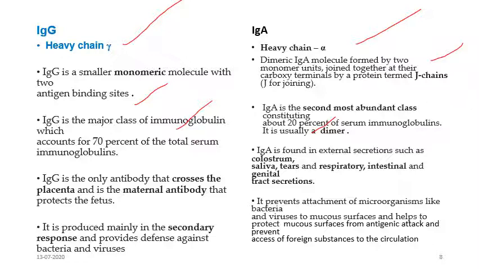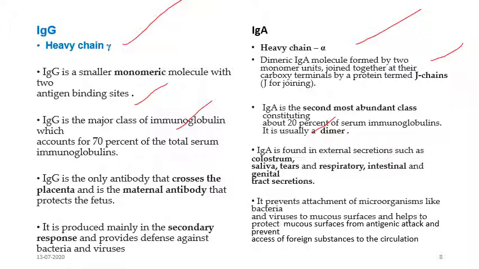IgG is the only antibody that can cross the placenta and provide immunity to the fetus. IgA is found in external secretions such as colostrum, saliva, tears, and respiratory, intestinal and genital tract secretions.